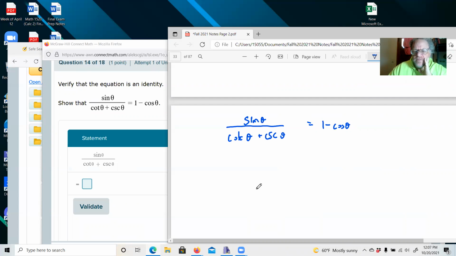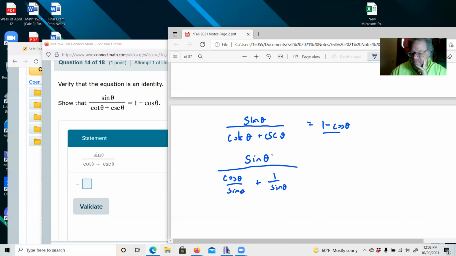Since we have a 1 minus cosine theta here, my temptation is to change everything into sines and cosines. What does my answer look like? It's got a cosine in it. So let's go ahead and try that. We have sine theta over, what's cotangent? Cosine theta over sine theta plus 1 over sine theta.